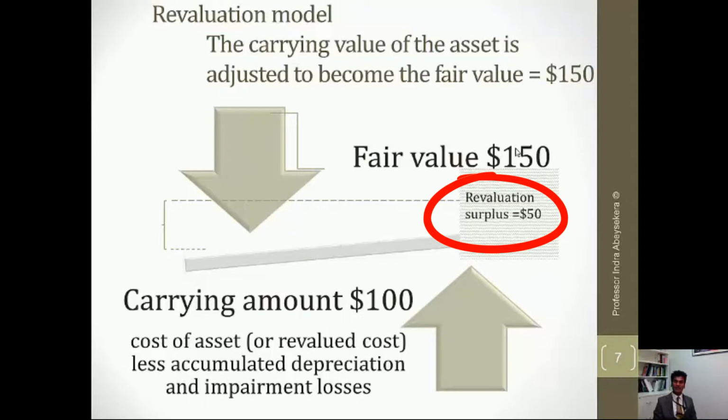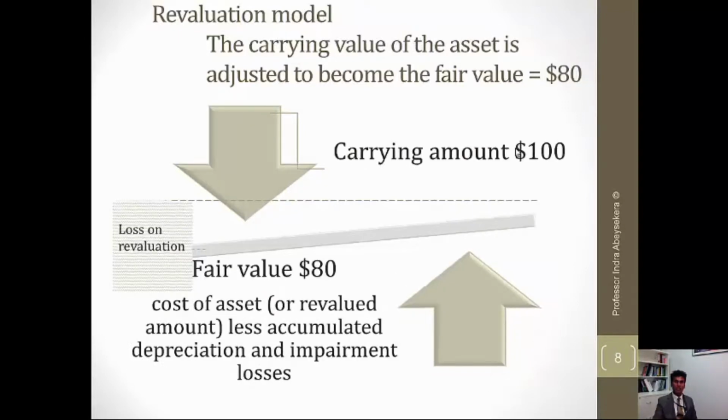That increase from 100 to 150, that increase of 50, is called the revaluation surplus. Due to revaluation, the surplus that the company has received is called the revaluation surplus.